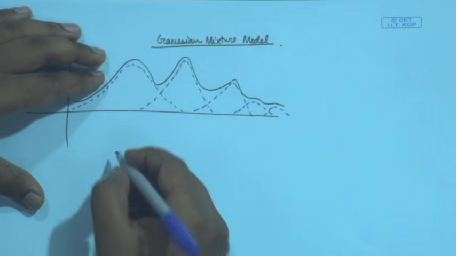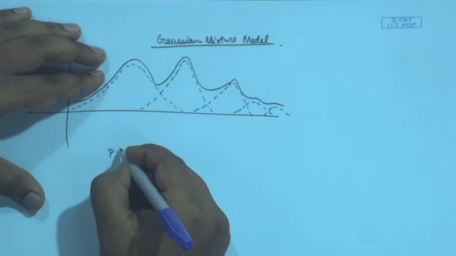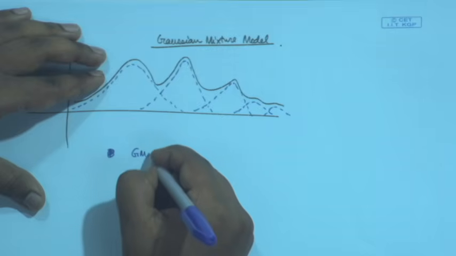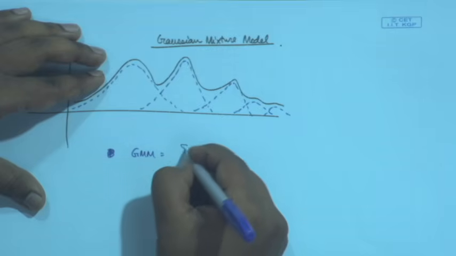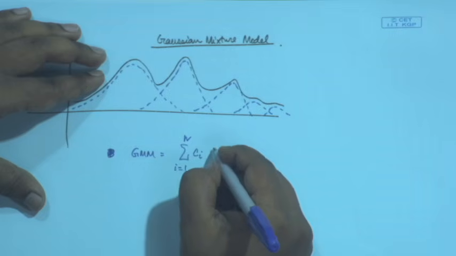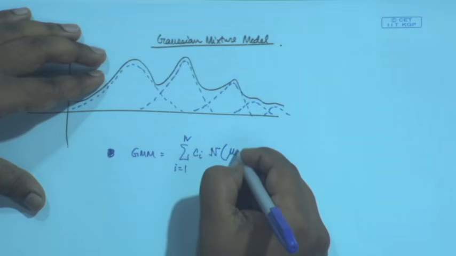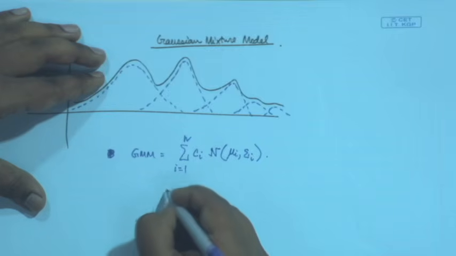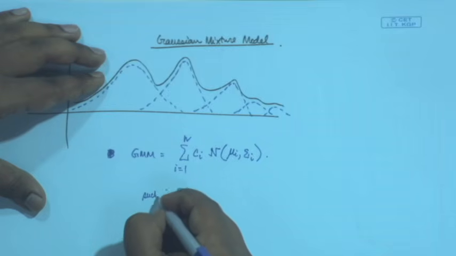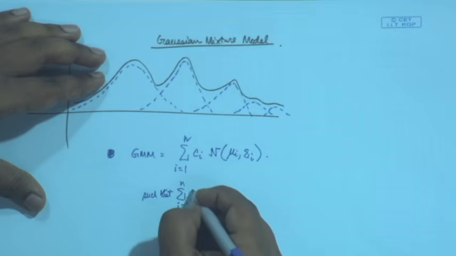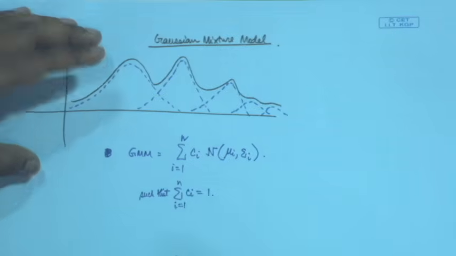So, a GMM is written as the probability, the distribution, equal to the summation over i equal to 1 through n of Ci times the normal distribution with mu i and sigma i, such that the summation over i equal to 1 through n of Ci is equal to 1.